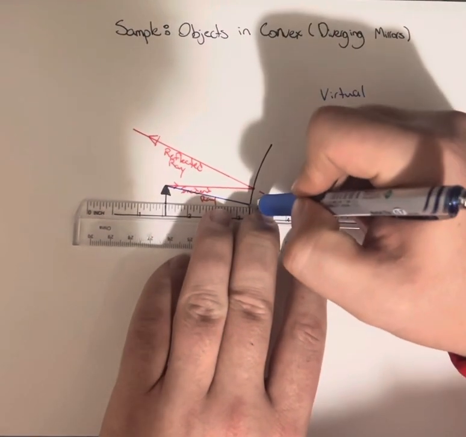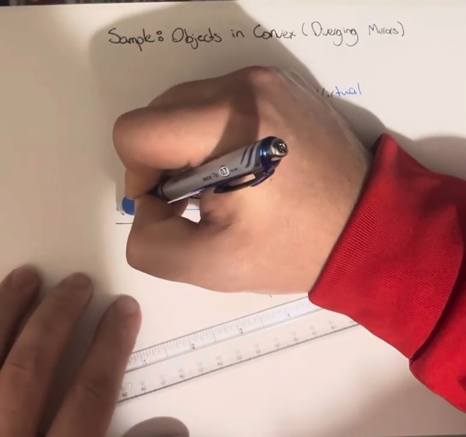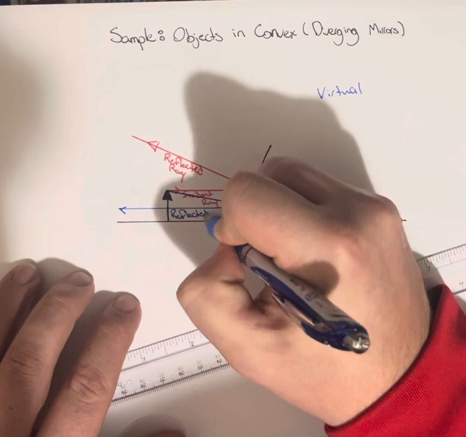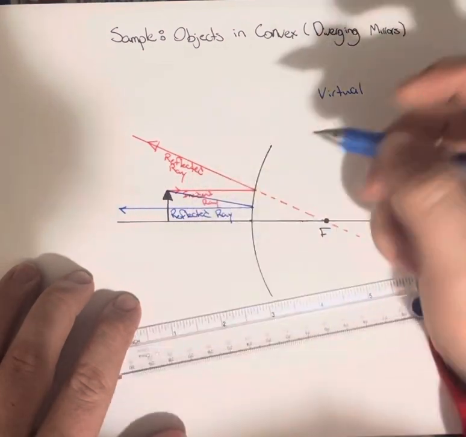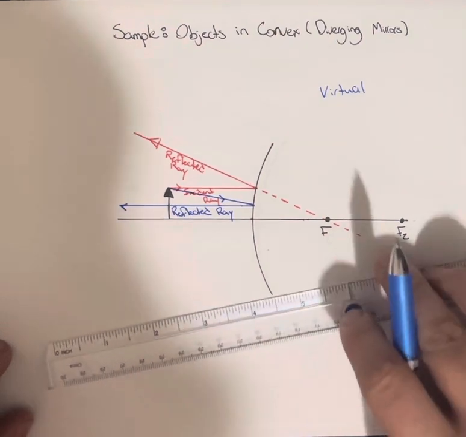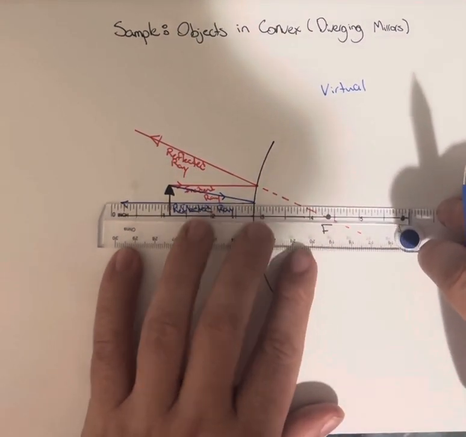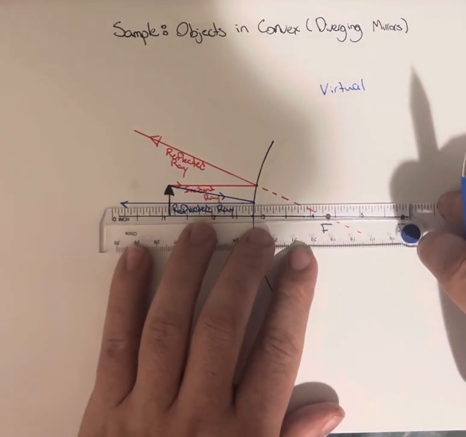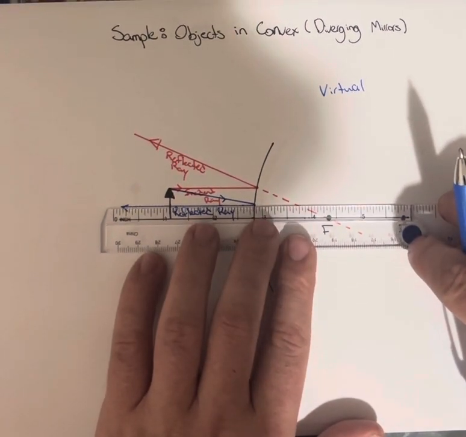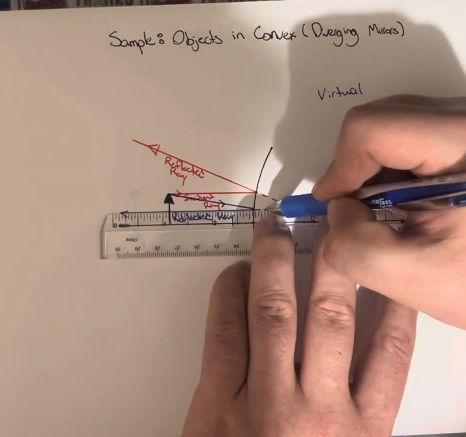This is going to reflect parallel to the principal axis in this direction. So this is my reflected ray. And this here, I won't write incident ray, but that is our incident ray. Now, in order to figure out where our virtual image is going to be, we are going to take that reflected ray that is running parallel to the principal axis, and extend it beyond the backside of the mirror using our dotted lines.